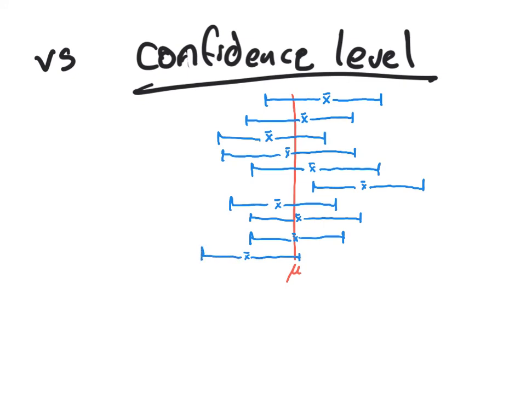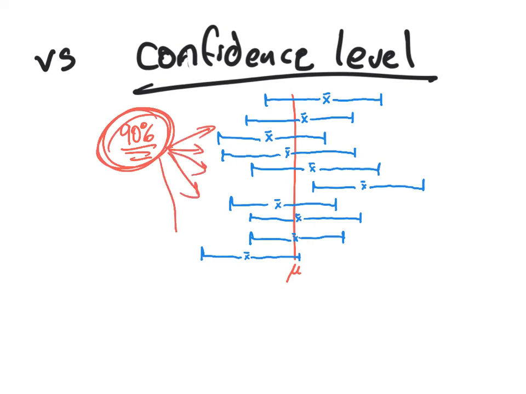Okay, so if I was doing a 90% confidence interval, but I was going to do it many, many, many times from the same population with the same size, what we'd say is this number, this confidence level, tells me how many of those intervals would actually capture. Like, check out this one.